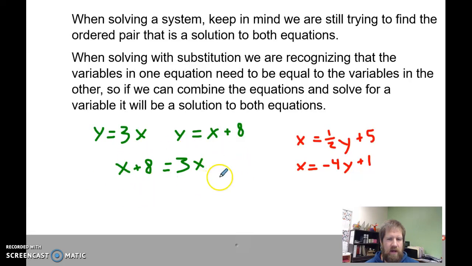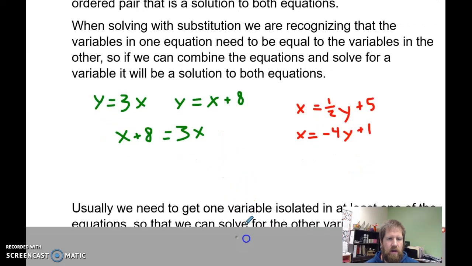Having done that, now I can easily say, all right, I've got an equation with just one variable, I can solve for that. Subtract x, 8 equals 2x, or 4 equals x.